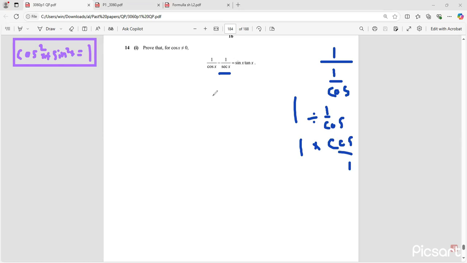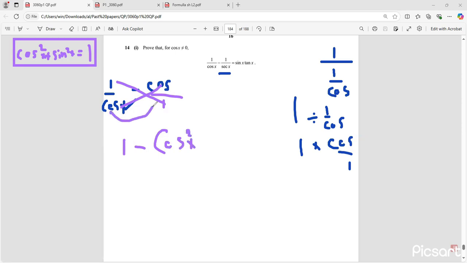So actually we can change this to 1 over cosine x minus cosine. So normally we are going to make it like any normal subtraction. 1 times 1, which equals 1. Cosine times cosine, minus cosine squared x, dividing by 1 multiplied by cosine x.